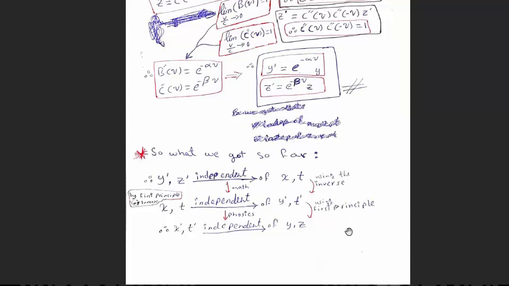And by using the first principle, we get that x dash t dash is also independent of y and z.